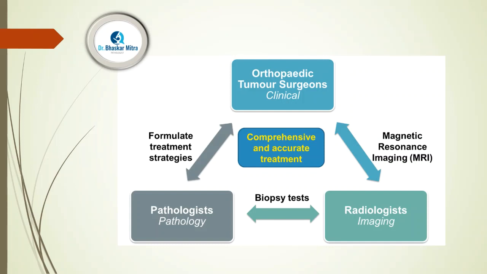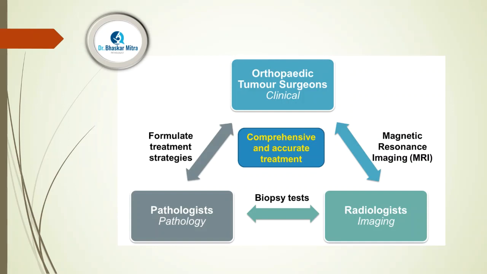Now, with the plan, we need players. In the diagnosis or treatment of bone lesions, there are three players. First, the orthopedician or the surgeons. Next comes the radiologist, and then obviously the pathologist.